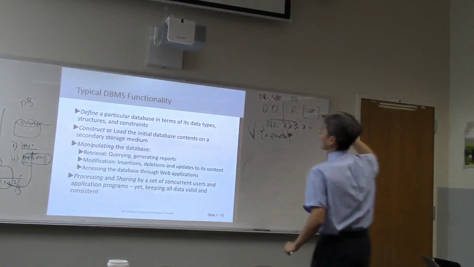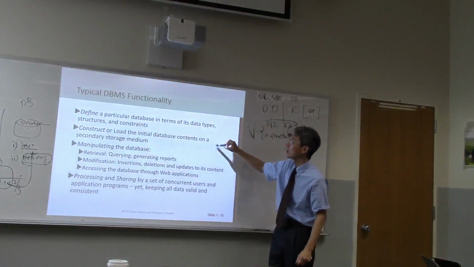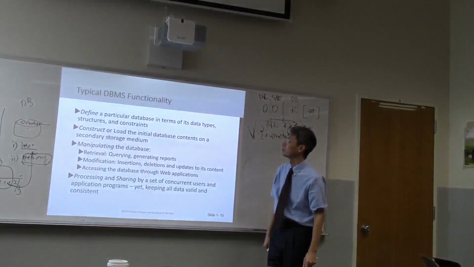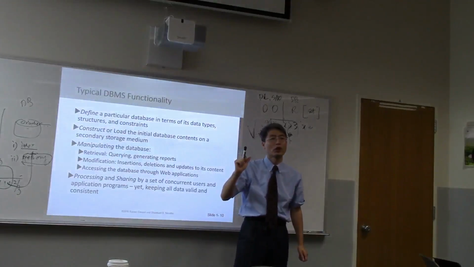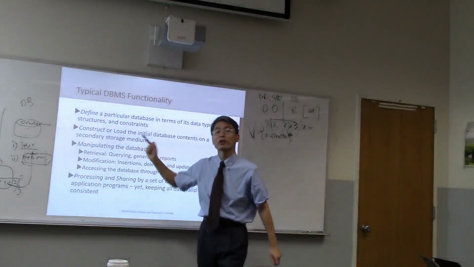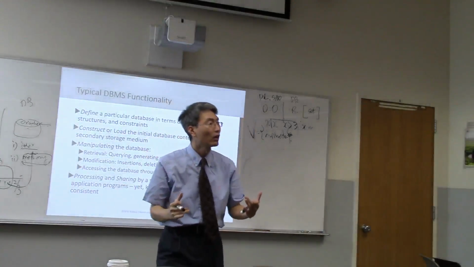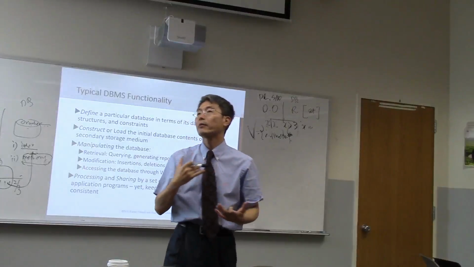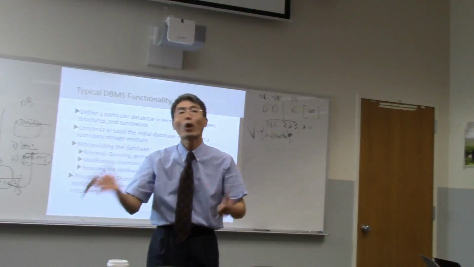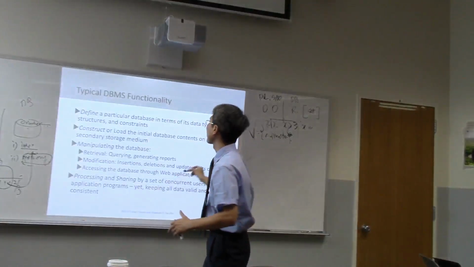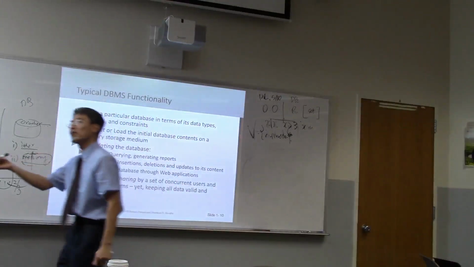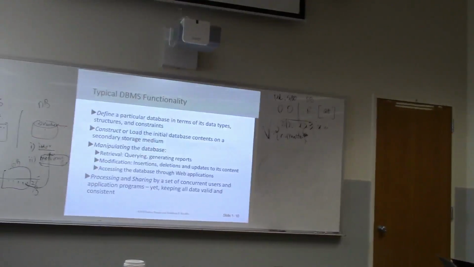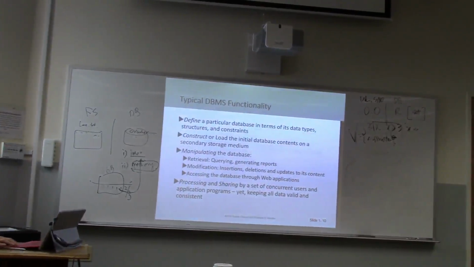Table means define your data. And construct, okay? More important is the manipulation. After you define and construct the data, it should be able to retrieve or modify. So the DBMS provides such functionality, plus many other things, which we are going to discuss throughout the semester.